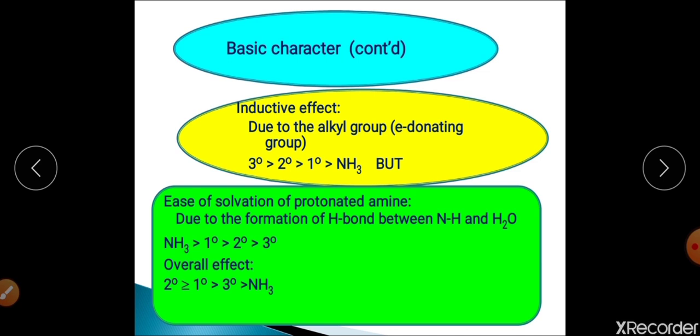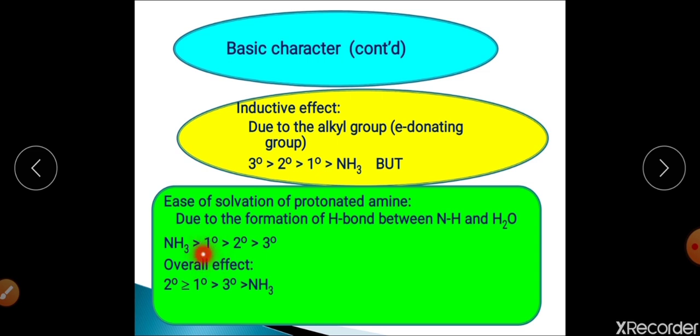The reason for this is the solvation, which depends upon the hydrogens attached to the nitrogen. If the number of hydrogens is more, there will be more solvation, meaning more hydrogen bonding with the water molecules. When NH3 is converted into the ammonium ion, it becomes NH4 positive, which has 4 hydrogens that can undergo hydrogen bonding.